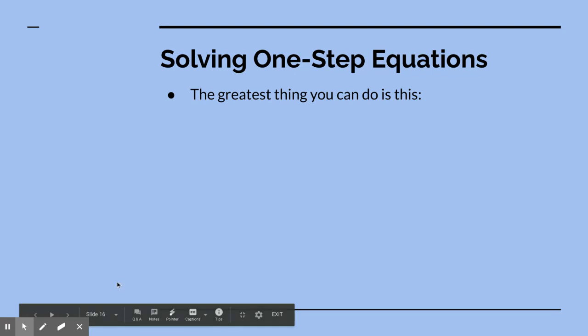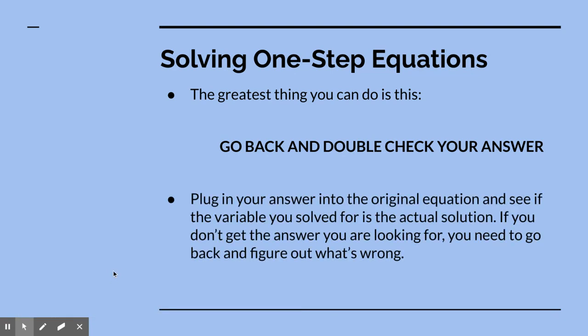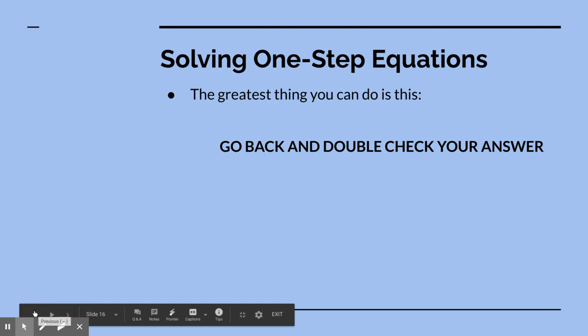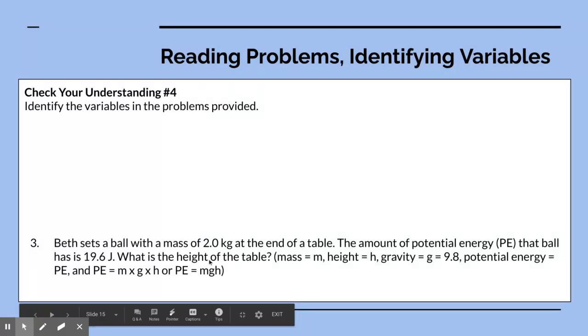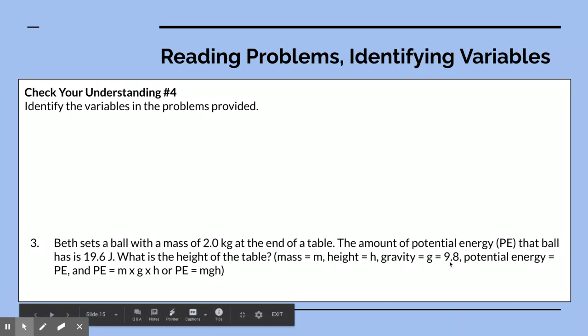So to end this with these two last slides, the greatest thing you can do is go back and double check your answer. Plug your answer into the original equation and see if the variable you just solved for is the actual solution. If you don't get the answer you're looking for, you need to go back and figure out what's wrong. So for instance, in the previous question with Beth putting that ball at the end of the table, multiply 2 times 1 times 9.8.